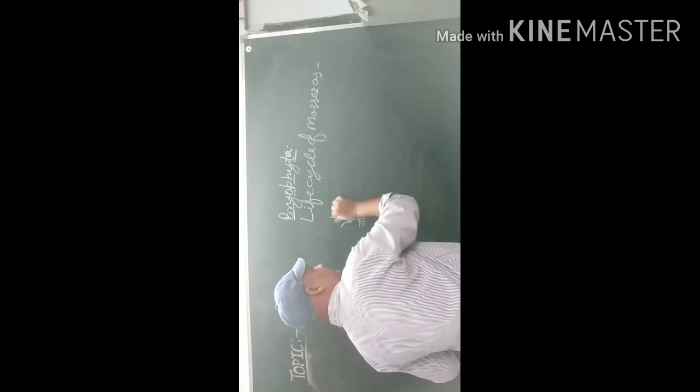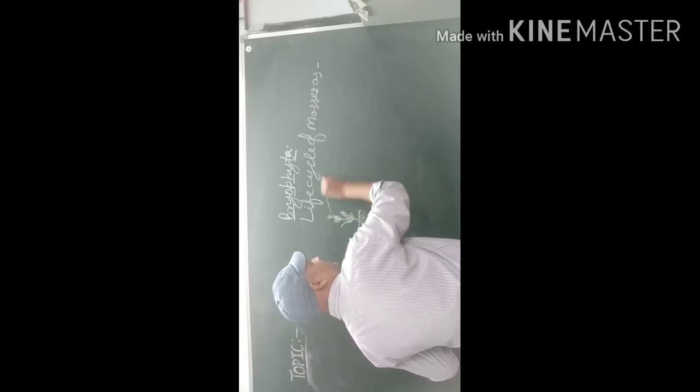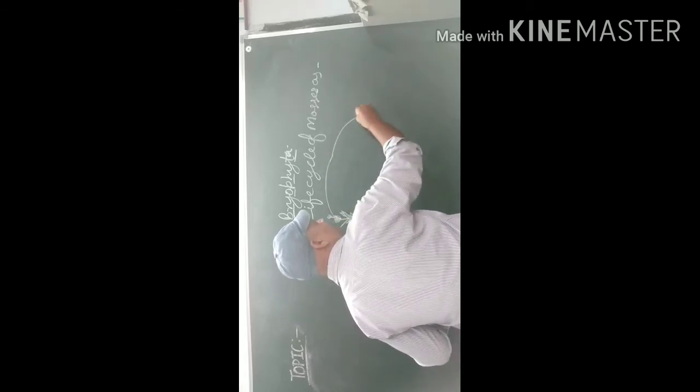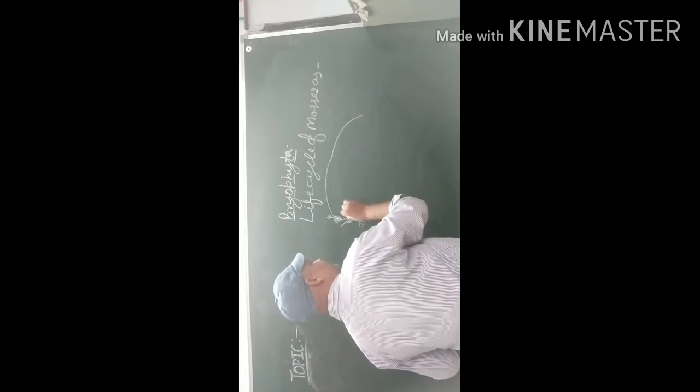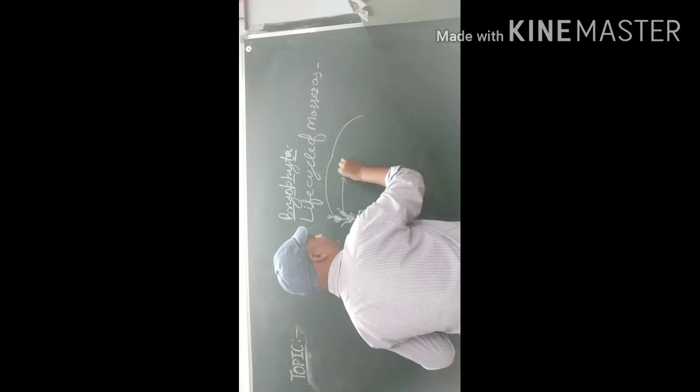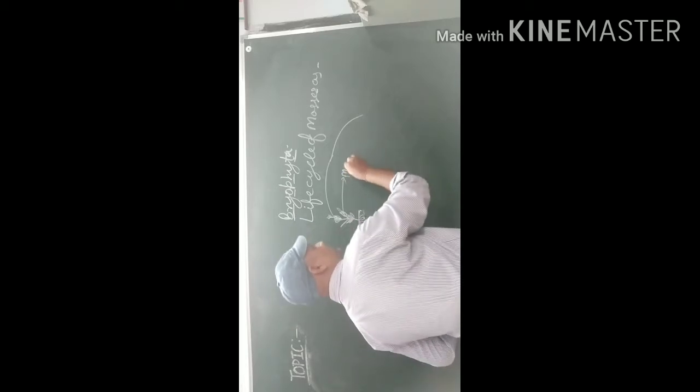The main branch bears the female reproductive organs and the side branch bears the male reproductive organ, antheridia.